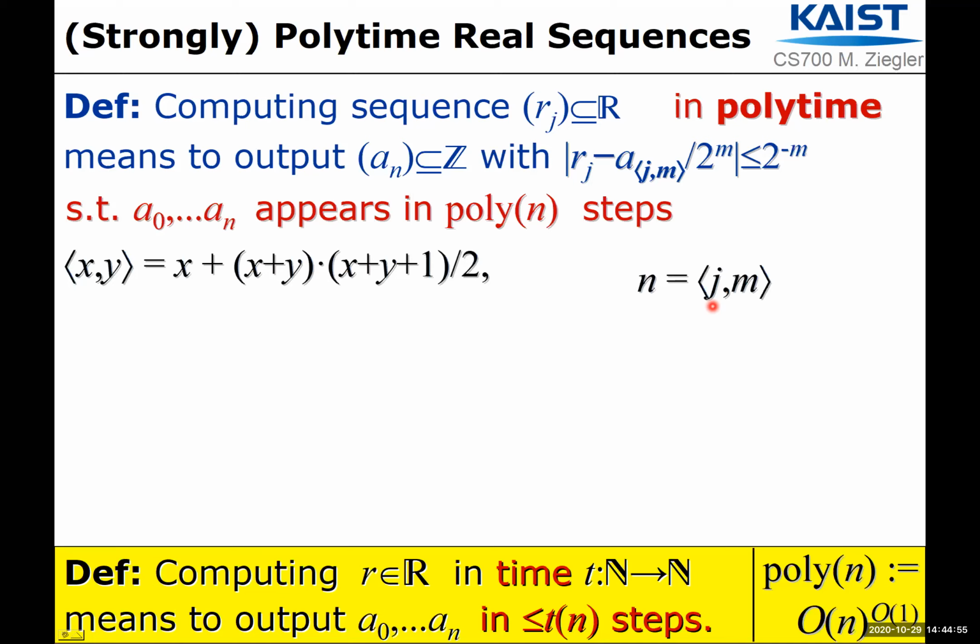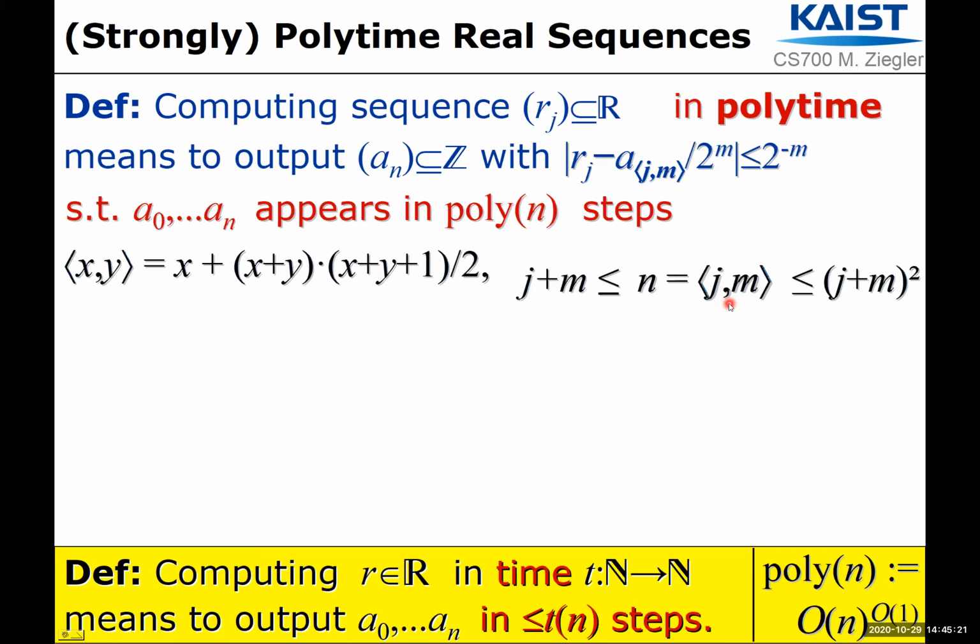And the natural question that arises is, how can we express that in terms of the sequence index and the precision parameter, right? This is kind of an implicit parameter, and that doesn't appear explicitly. So let's make it explicit by using some easy estimates on the value of this pairing function, the Hilbert hotel.